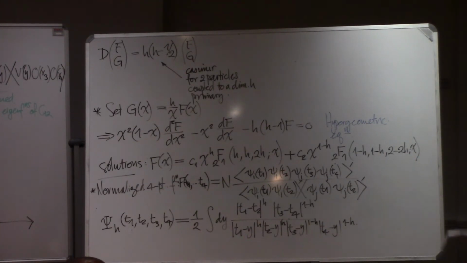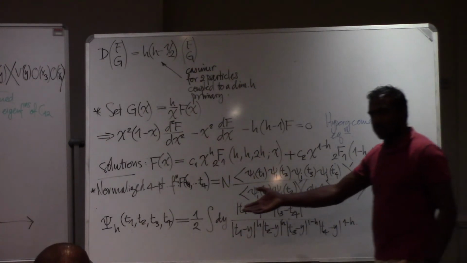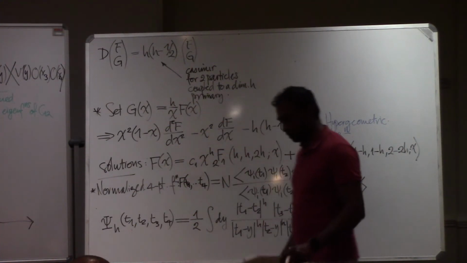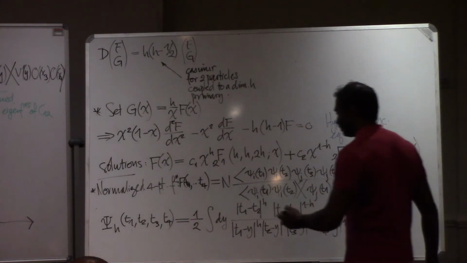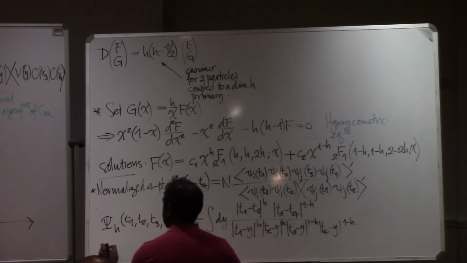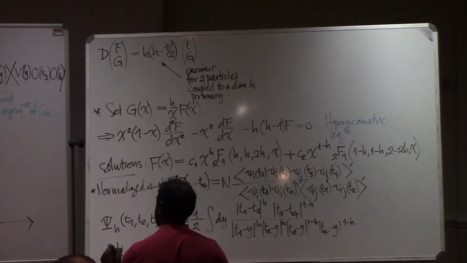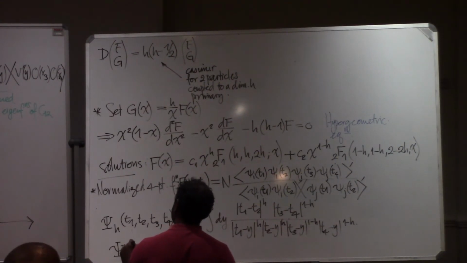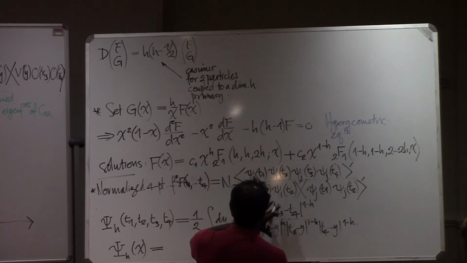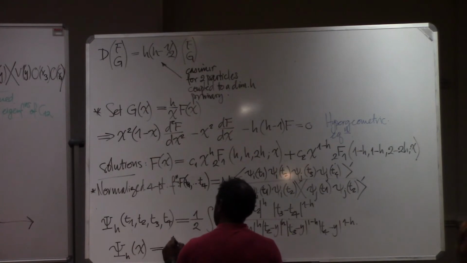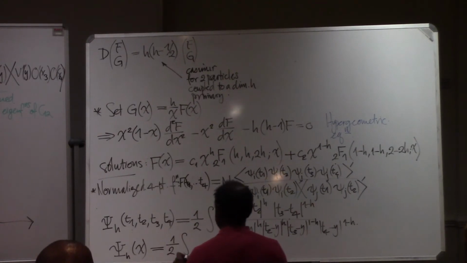The second thing is that conformal invariance tells us that, again, this must be a function of the conformal cross ratio. So this is the statement that psi_h is a function of chi only. So we can recast this with a little bit of work into that form.